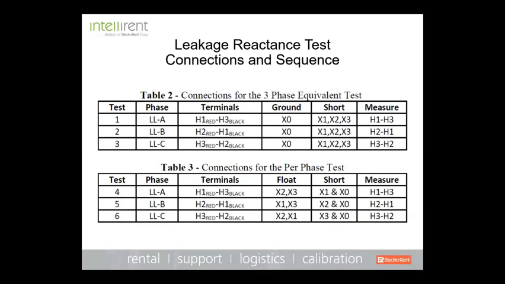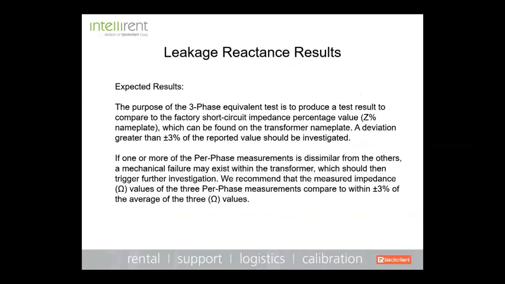On your per phase test, it's a little bit different. Okay, we're going to float X2 and X3, and then short X1 and XO and measure H1 to H3. So the thing you want to be careful about when you're doing these tests is making sure that your connections are correct according to the table here.